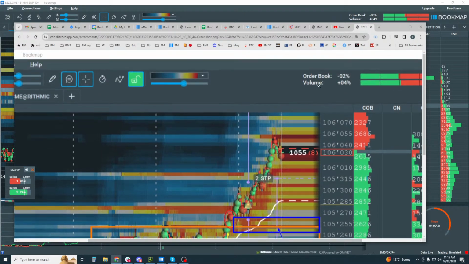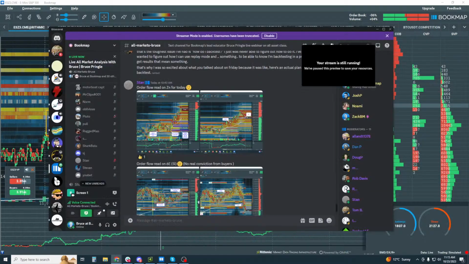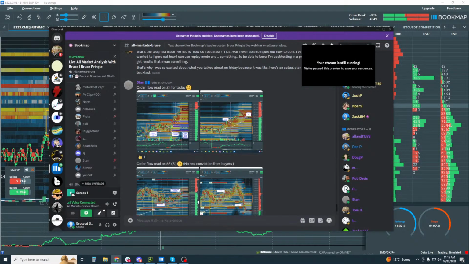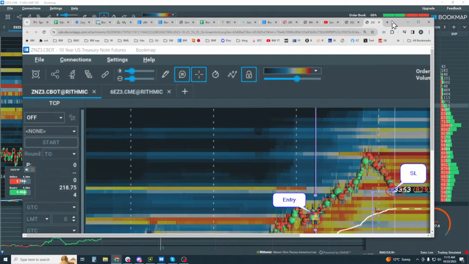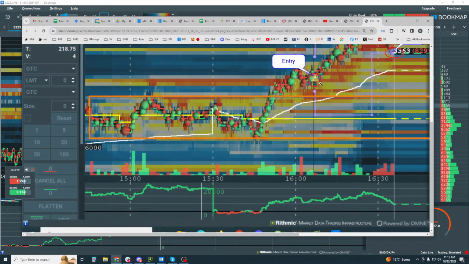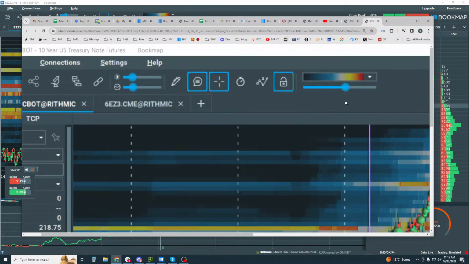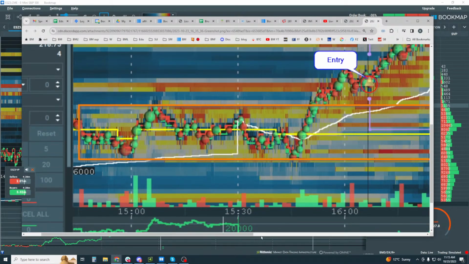And then he's got a few other images in here as well, but it all follows through. So then here's his entry, and here's his stop loss that he moved up. You can see what he did here, right? It's fantastic. Okay, and we're seeing the Market Pulse reading here. So this is where he got in, and then you can see this is where his stop loss and take profit were, and then he widened them out.